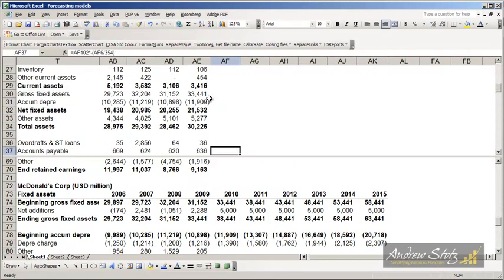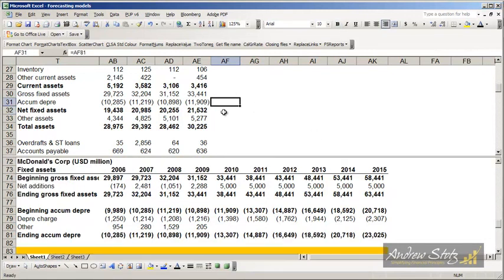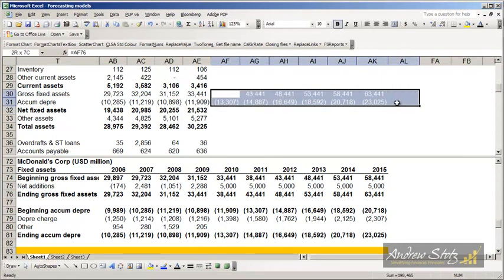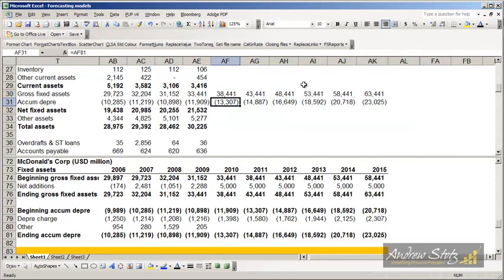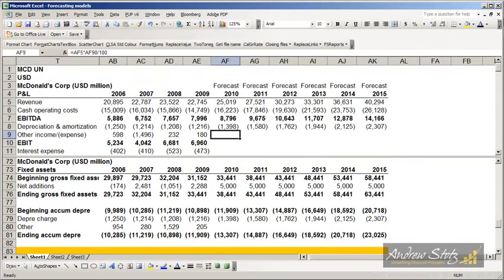It's also going to allow us to put in the gross fixed assets and the accumulated depreciation, which we're also going to pull from down below, which you can see coming from line 76, and you can also see coming from line 81 here. So I'm going to carry these over because we forecasted them out, and now we've completed that section of our balance sheet and profit and loss statement.